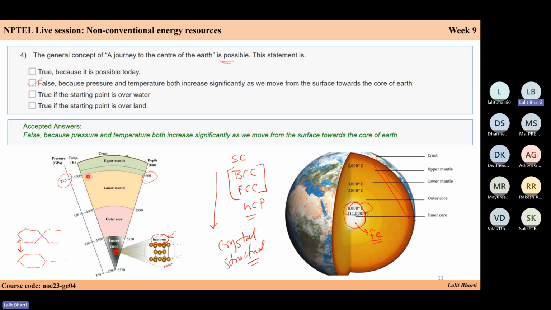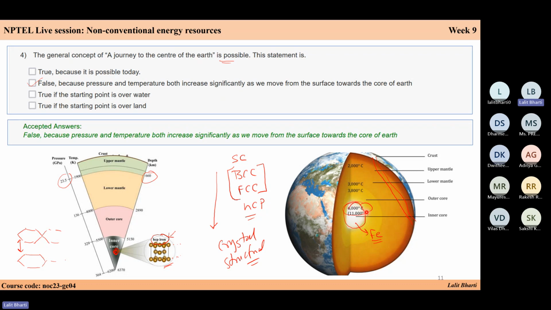Here your pressure is 364 gigapascal, not kilopascal, and temperature is around 6,200 Kelvin at the inner core. This is a depth of around 6,400 kilometers, which is considered the radius of the Earth. The temperature and pressure are so high that we cannot make a journey to the center of the Earth.